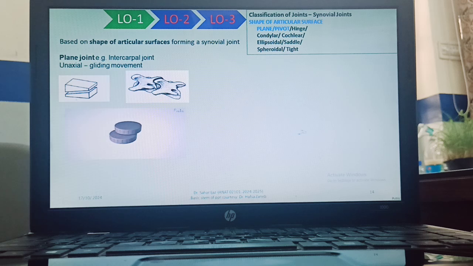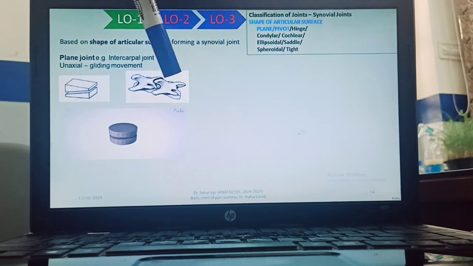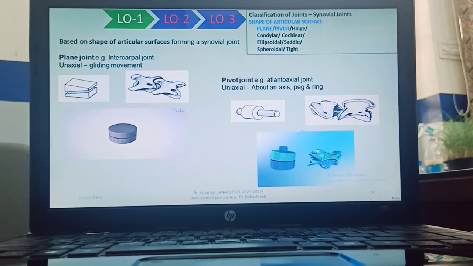Plane kind of movements are anaxial, because there is no axis defined in this gliding movement, or between the articular processes of the vertebrae, not between the bodies, between the articular processes of the vertebrae. This is the location where the plane facets are present, almost plane, so a plane joint is formed.